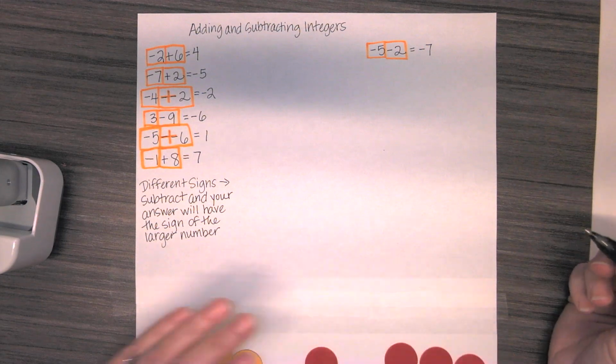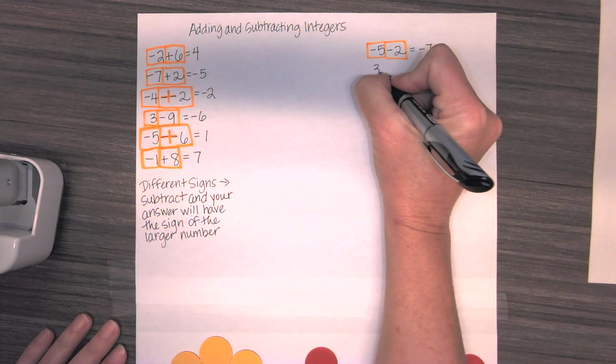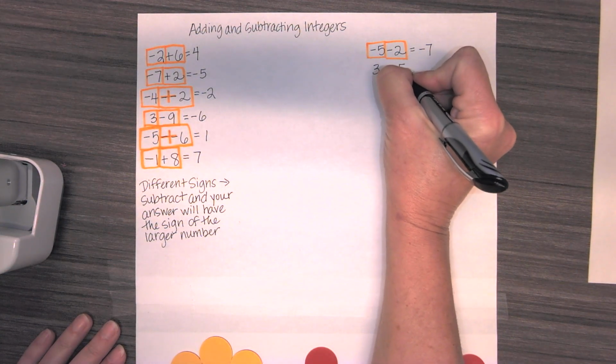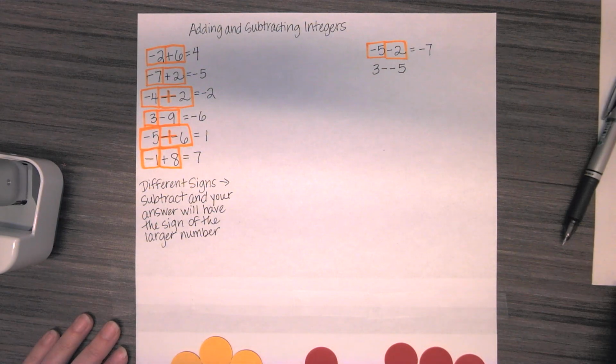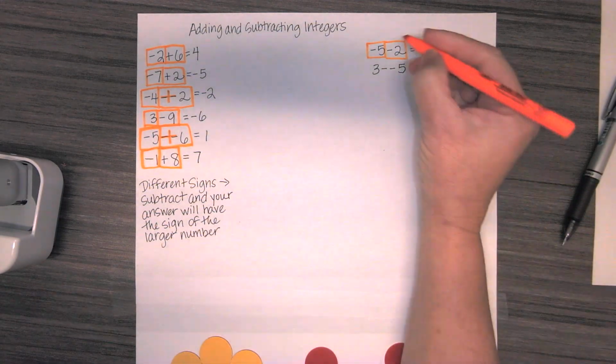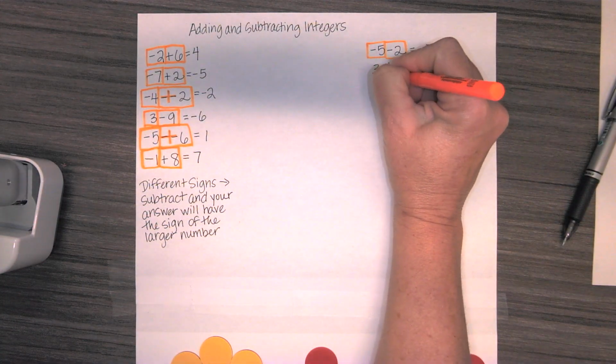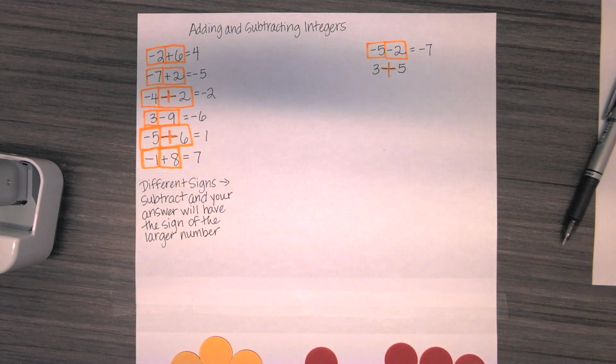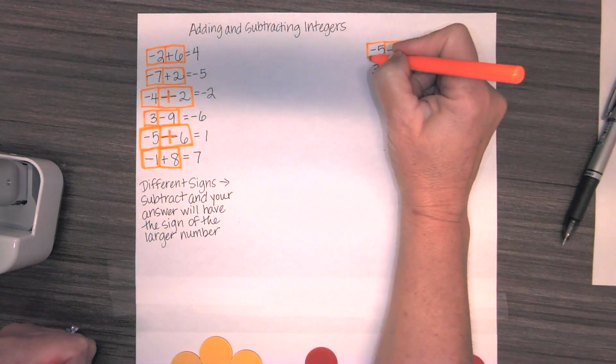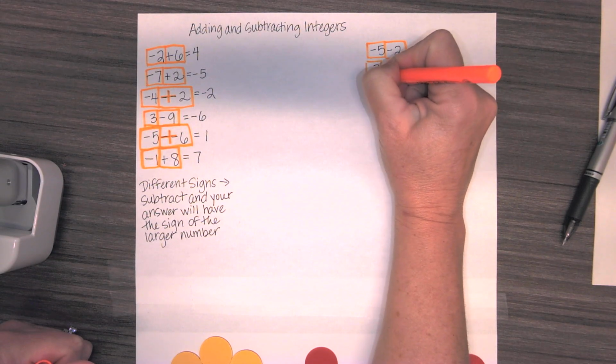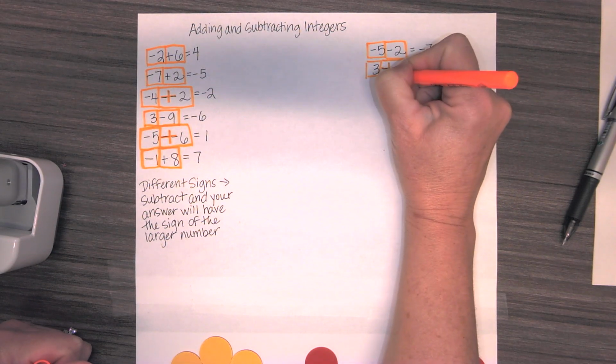Or what if we have 3 minus -5? Again, minus a negative, we've got to remember to change that to plus. As soon as we see minus and negative, we'll change it to plus. Well, then we're looking at a +3 and a +5.